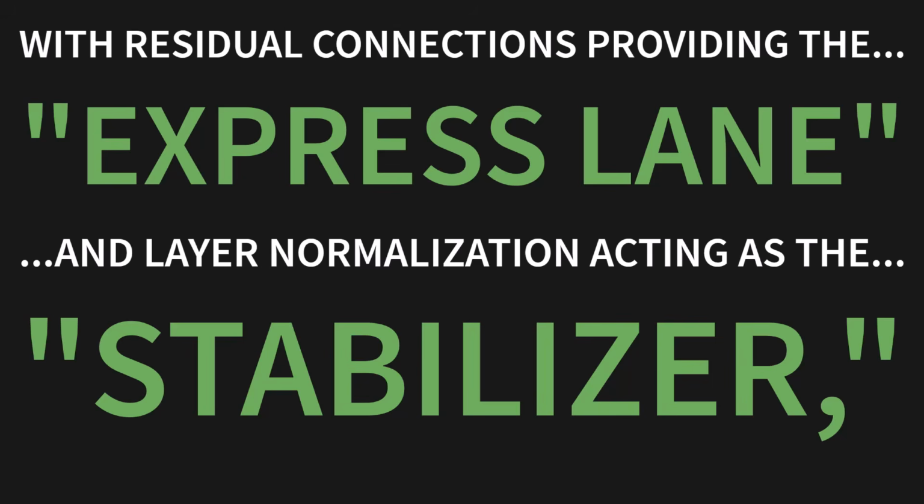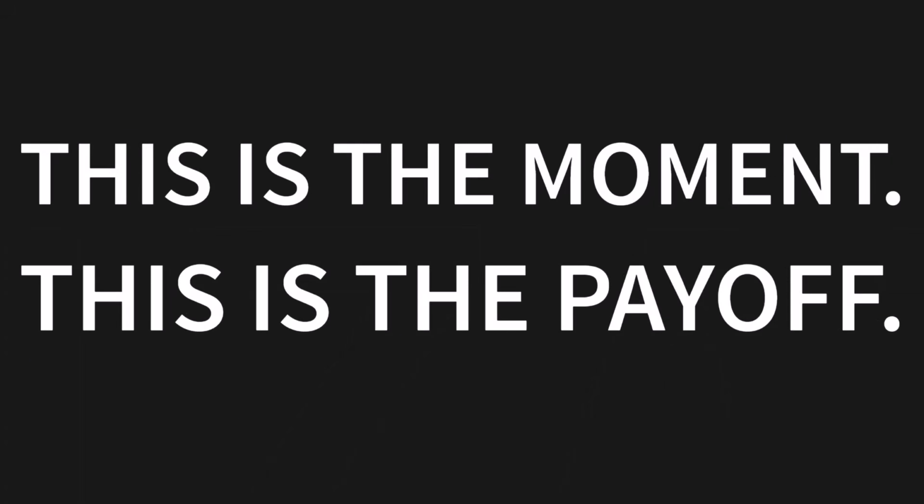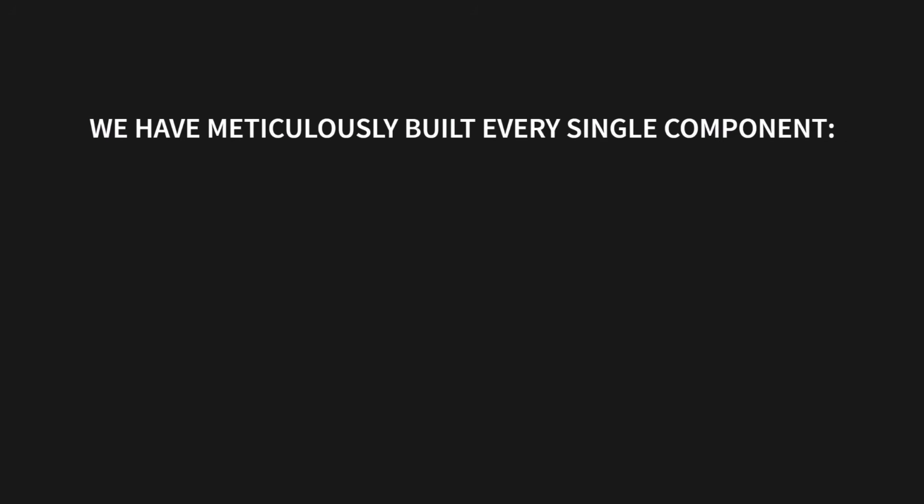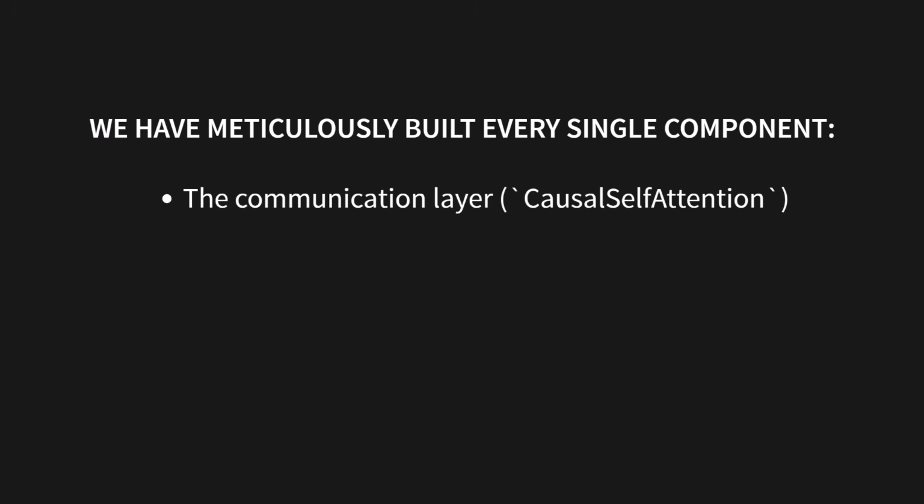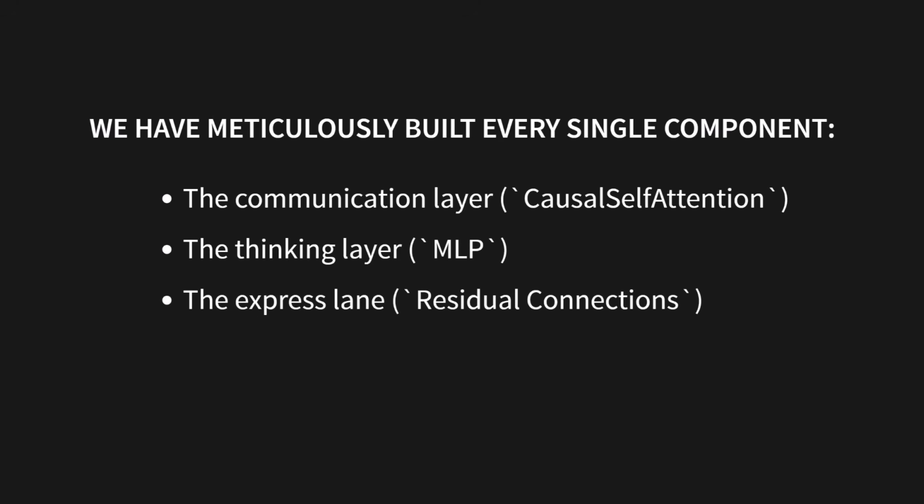So, with our residual connections providing the express lane and layer normalization acting as the stabilizer, this is the payoff. We have meticulously built every single component. The communication layer, the causal self-attention, the thinking layer, the MLP, the express lane, our residual connections, and the stabilizer, layer normalization.